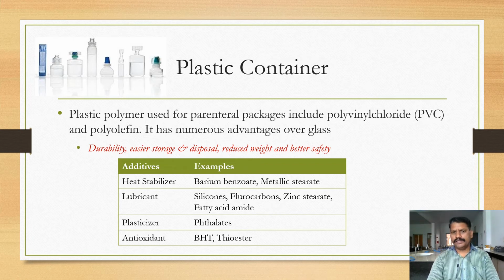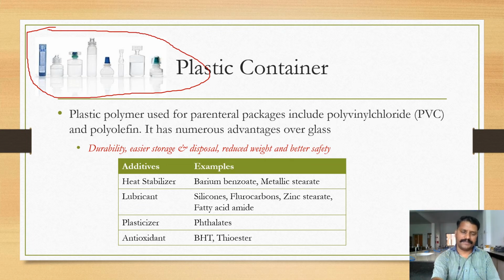And these polymers have numerous advantages over the glass container, like durability, easier storage and disposal, reduced weight and better safety as compared to the glass container. In this figure, you can see the different types of plastic container which are available in the market in different sizes and different technologies generally used to fabricate.